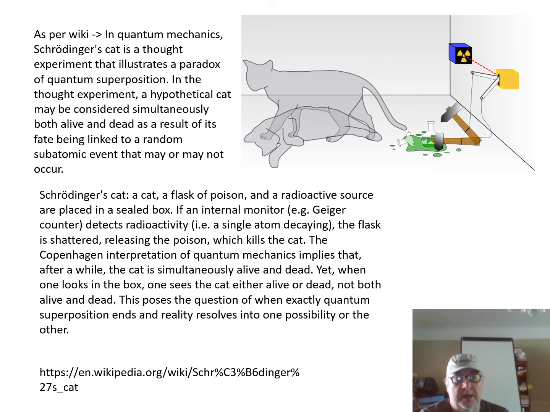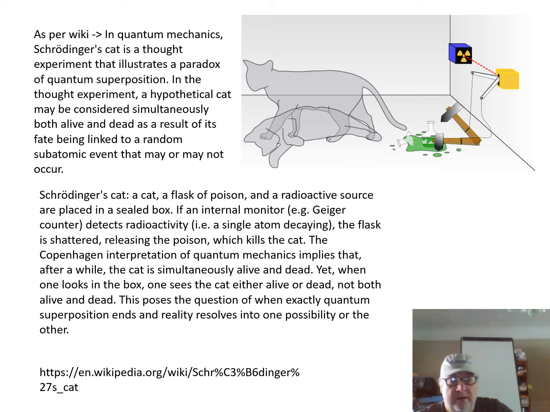It's a thought experiment that illustrates a paradox of quantum superposition. In the thought experiment, a hypothetical cat may be considered simultaneously both dead and alive as a result of its fate being linked to a random subatomic event that may or may not occur.